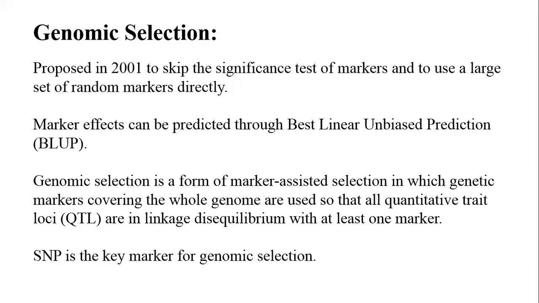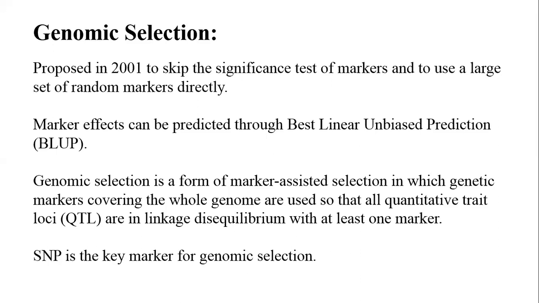If we choose the markers from the whole genome, then this must be the unbiased condition, and the picking up of the marker is very easy. The genomic selection is a form of marker assisted selection in which genetic markers covering the whole genome are used so that all quantitative trait loci or QTL are in linkage disequilibrium with at least one marker.